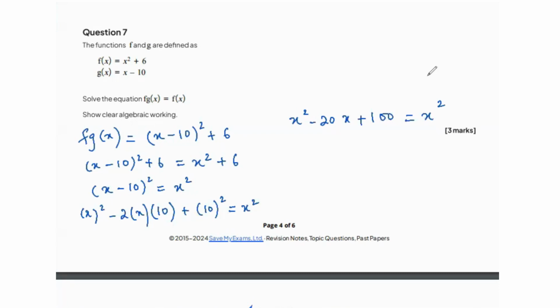The x squared gets cancelled out. We're left with negative 20x plus 100 equals 0. 100 equals 20x. 100 divided by 20 is equal to x, which is 5. x equals 5. That is your answer.